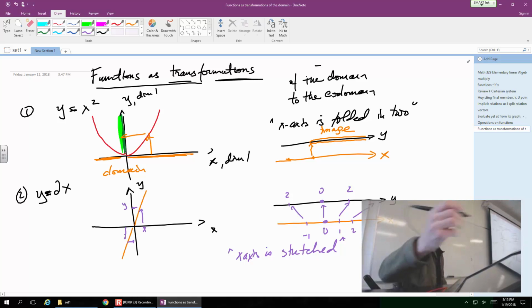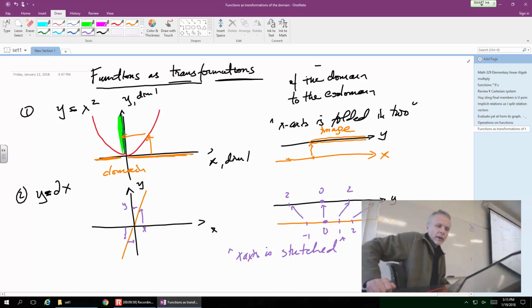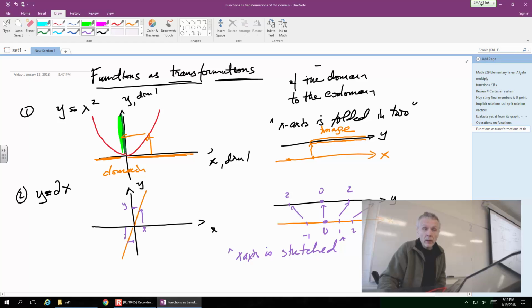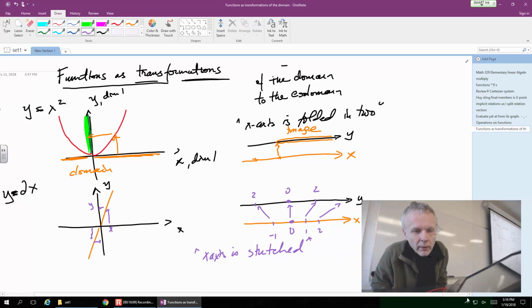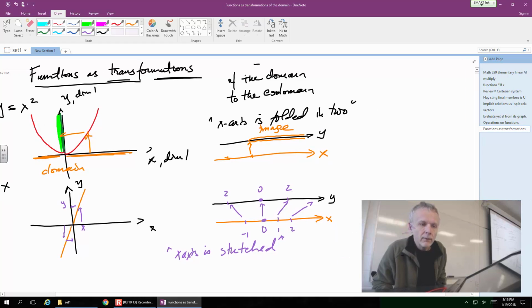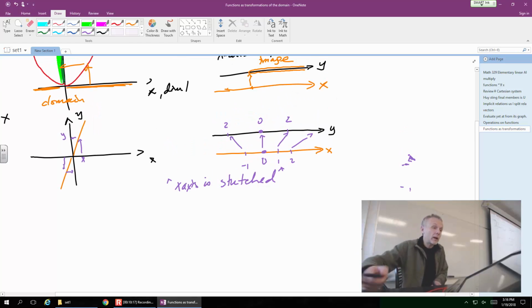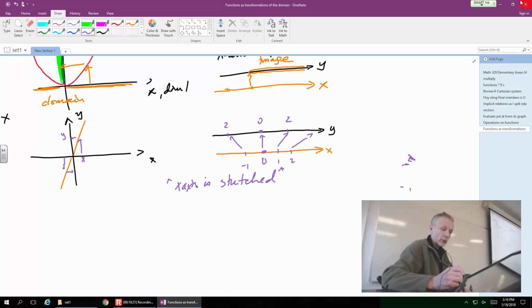Okay. Following this idea, can you think of other things that you can do with the x-axis and the linear function? Well, if we can stretch, can we shrink?